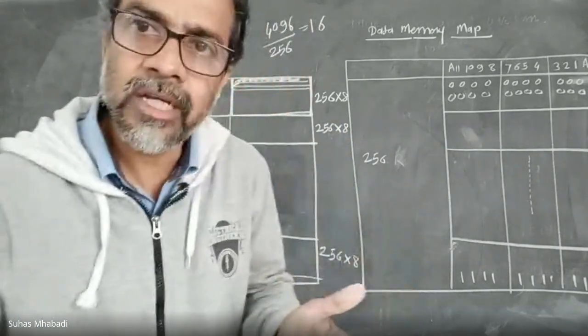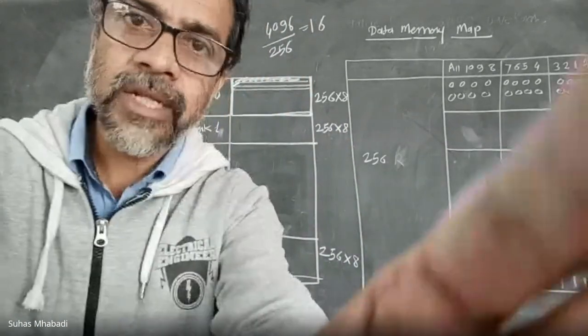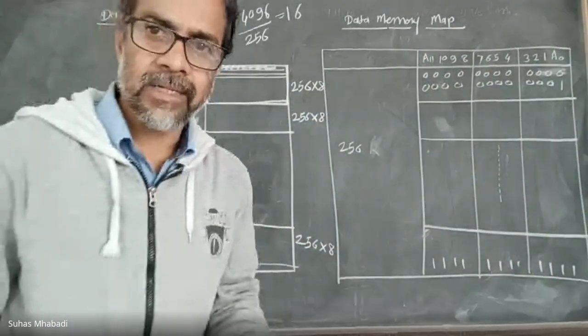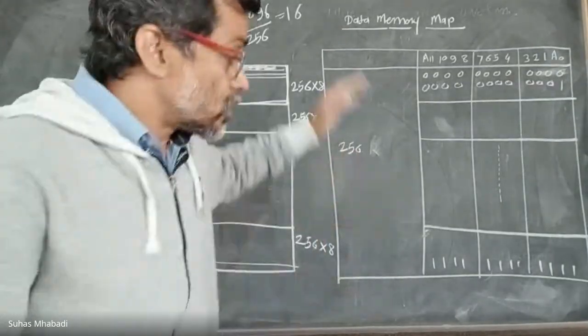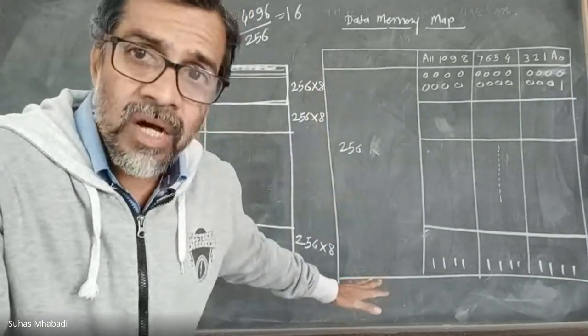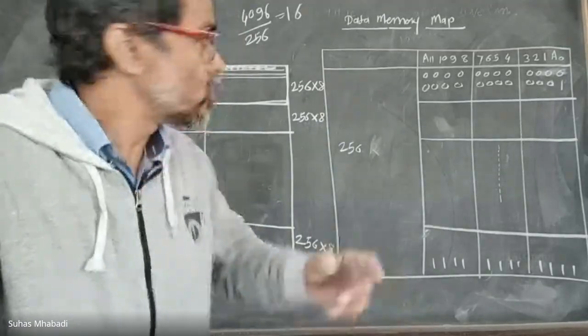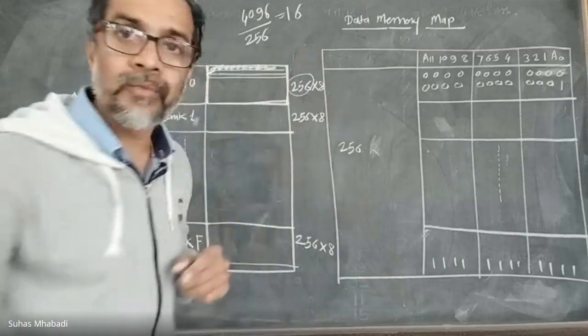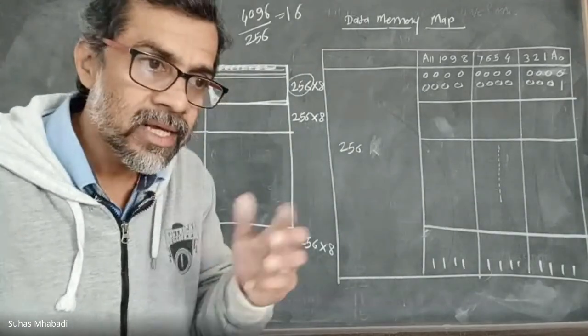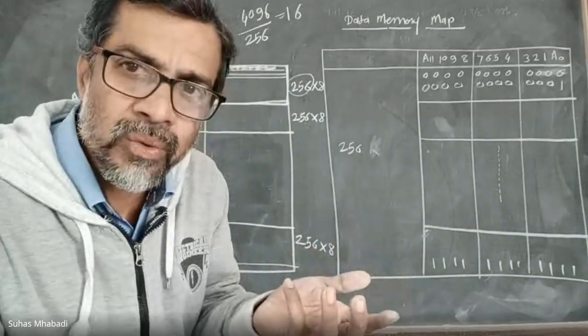So how many address lines do we require? I repeat: one line, two addresses; two lines, four addresses; 12 lines, 4096 addresses. But now, if the bank consists of only 256 registers, the address lines are not equal to 12.